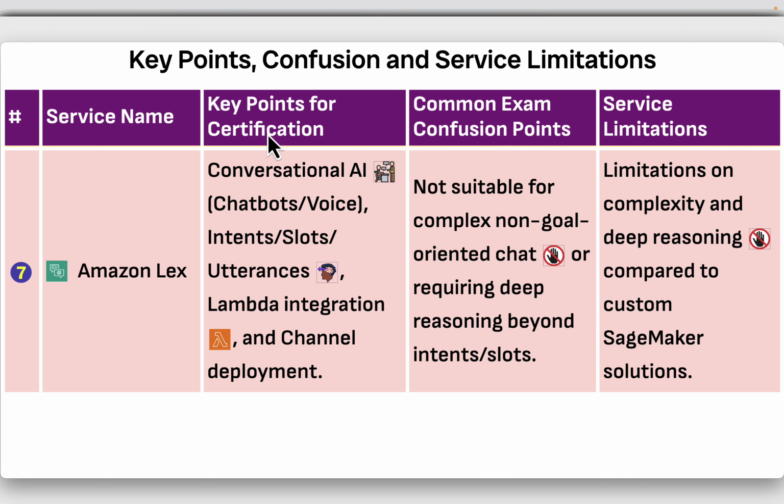Amazon Lex. So key points for certification are to build conversational AI like chatbots, voice. You have intents, slots, utterances, Lambda integration, and channel deployments. So some confusion can be, it's not suitable for complex, non-goal-oriented chat or requiring deep reasoning beyond intents and slots.